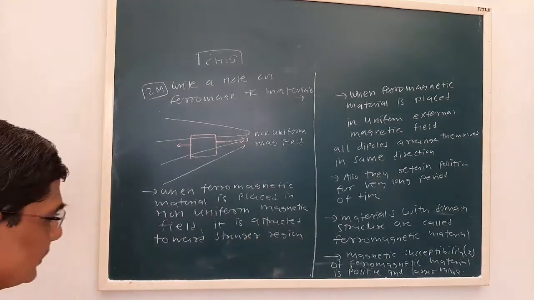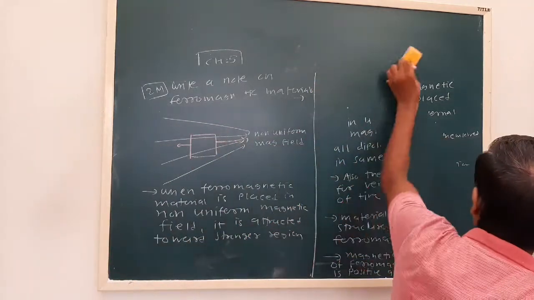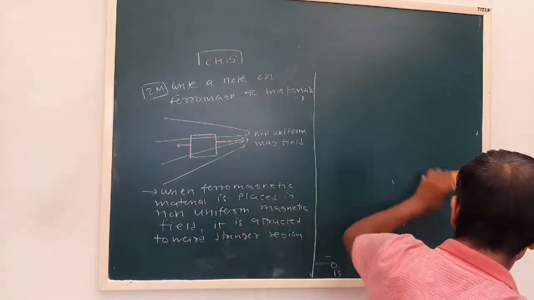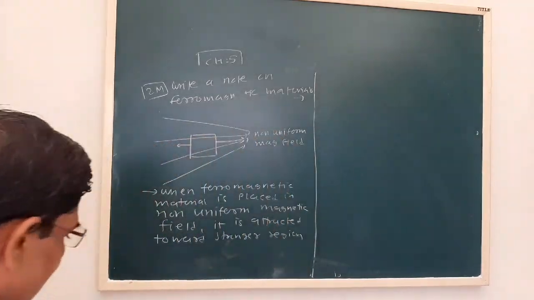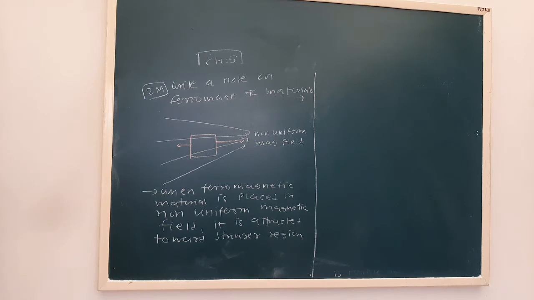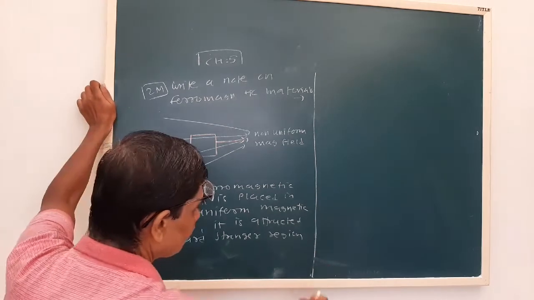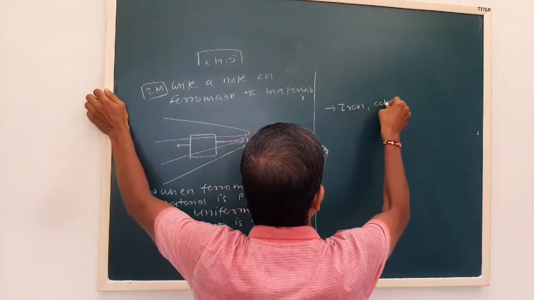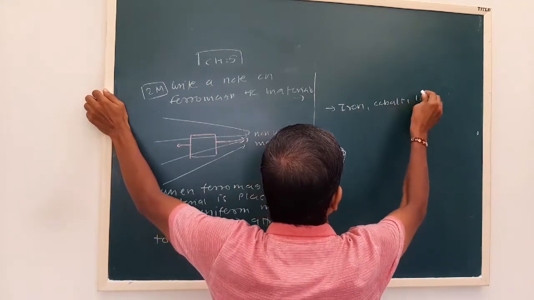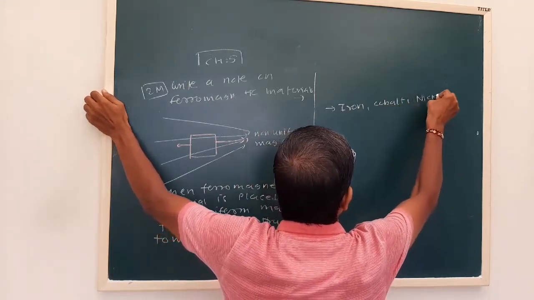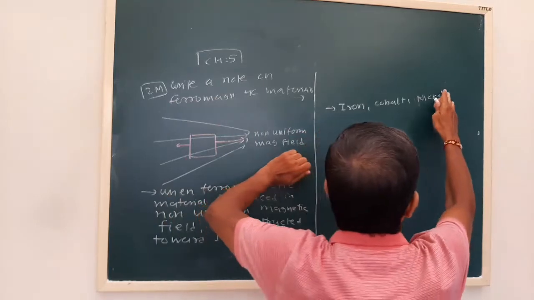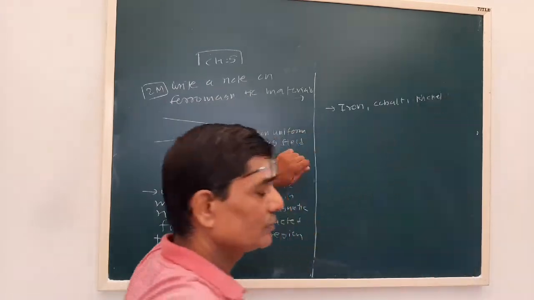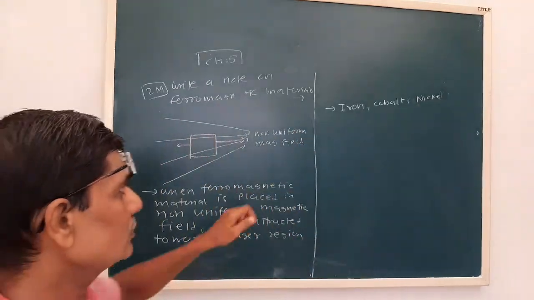Now, what are the examples of ferromagnetic material? Iron, cobalt, and nickel are examples of ferromagnetic material, and many alloys are also ferromagnetic.